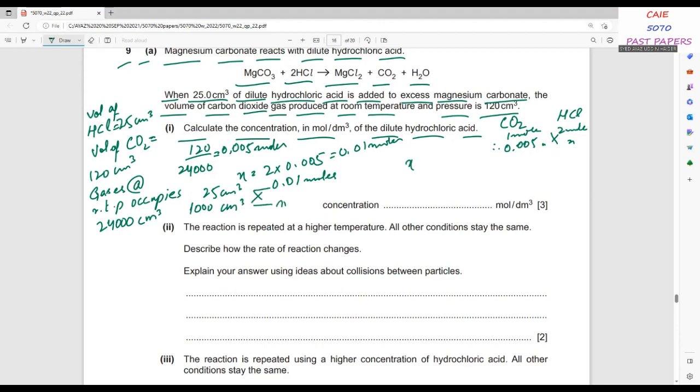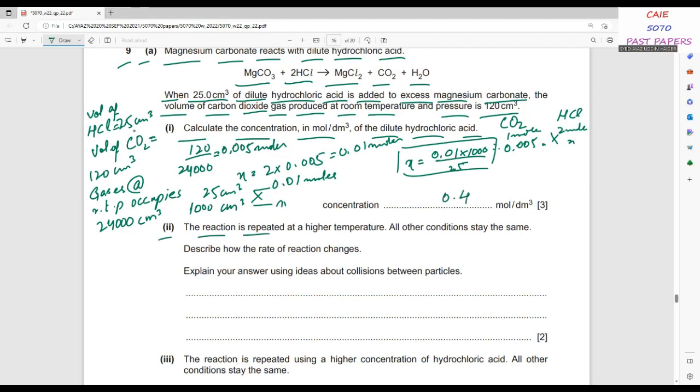So X is equal to 0.01 multiplied by 1000 divided by 25. We get 0.4 mol per dm3 of hydrochloric acid.